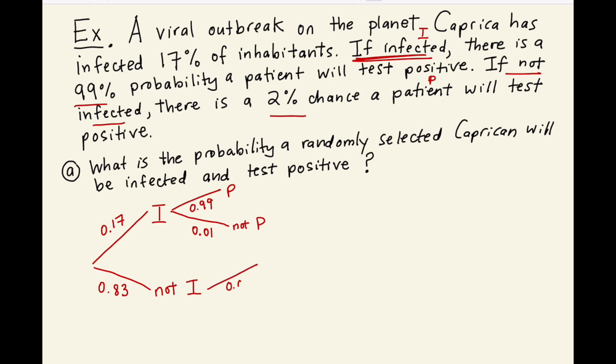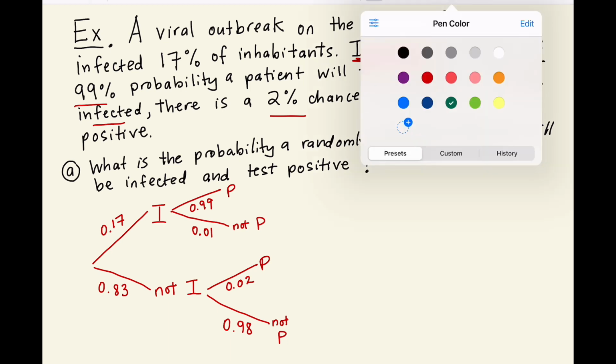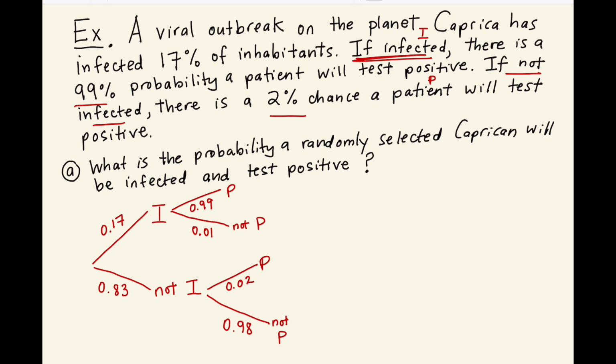So I have 2% here testing positive, which means that 98% will not test positive. Okay, so that just helps me to organize the information I was given, that's all. Okay, so the question asks me, what is the probability a randomly selected Caprican will be infected and test positive?